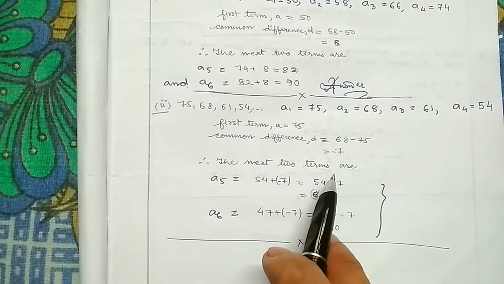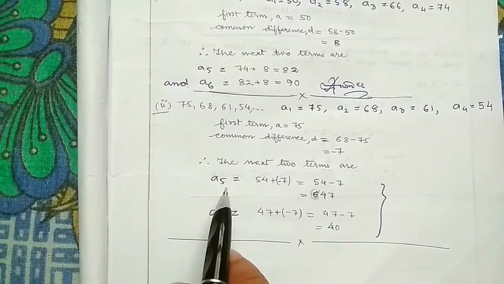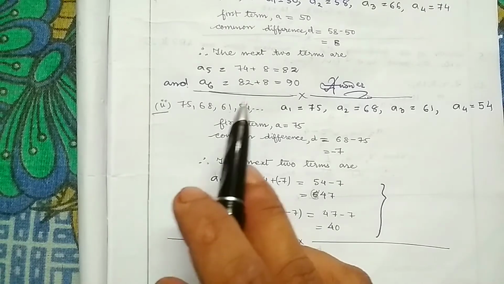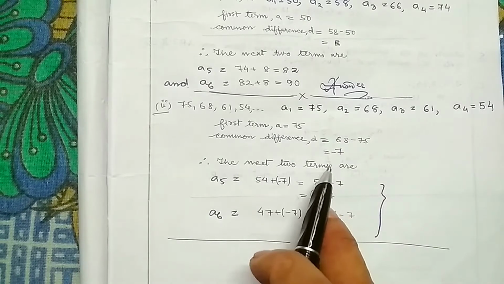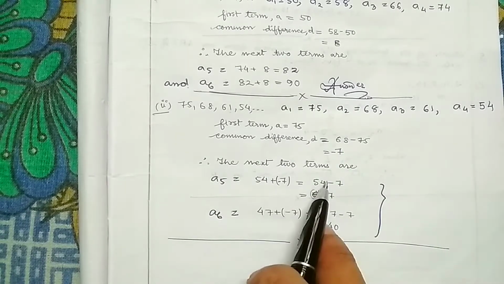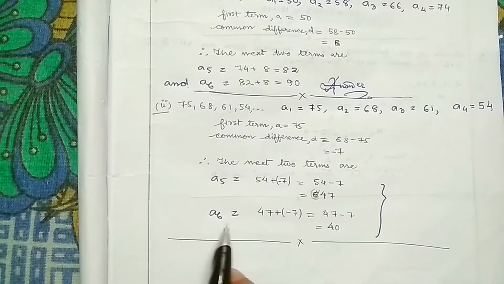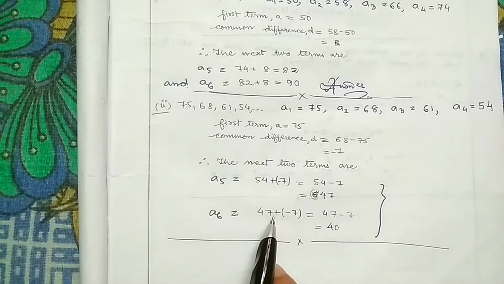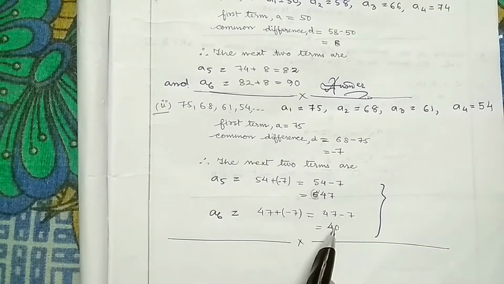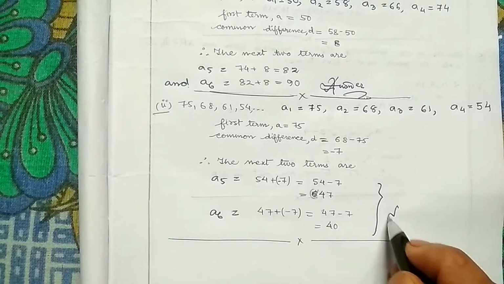For the next two terms, A5 will be A4 plus common difference. A4 is 54. 54 plus minus 7, because common difference is minus 7. 54 minus 7 is 47. And A6 will be A5 plus D. A5 is 47. 47 plus D, you are going to get 40. So this is the required answer.